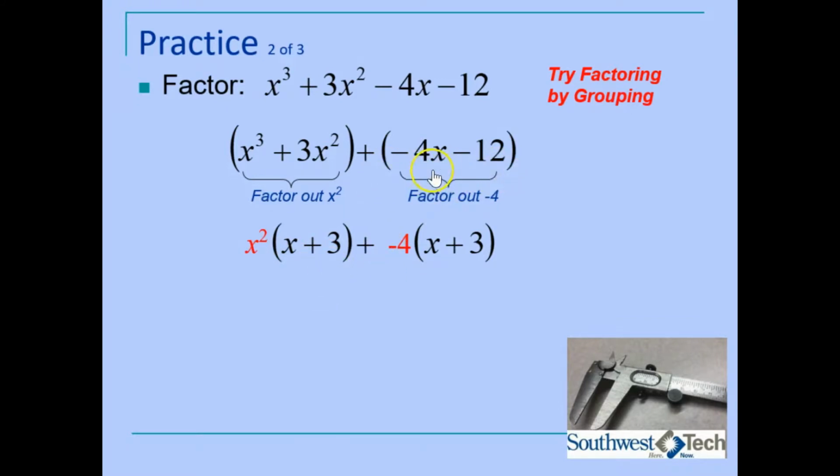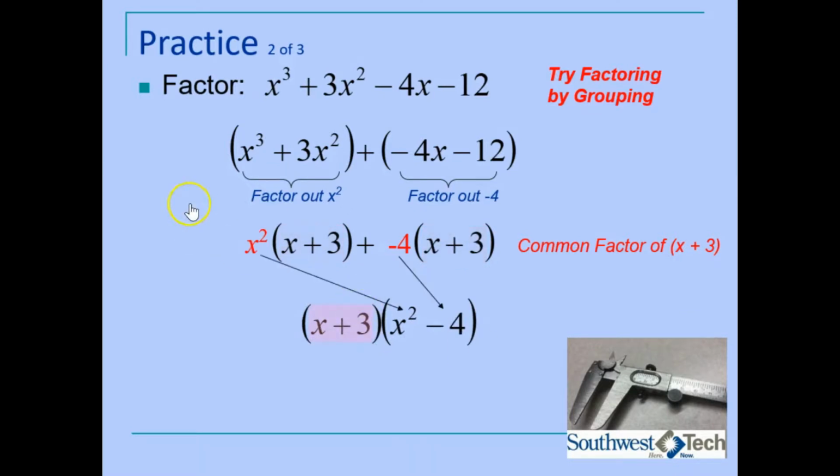Factoring out or dividing the last 2 terms by negative 4 leaves x plus 3, and we have that common binomial between the 2 terms that we then can factor out, leaving the x squared once x plus 3 is factored from the first, and a minus 4 when the x plus 3 is factored out of the second. We need to always, before we're done, ask the question whether this is factored completely.